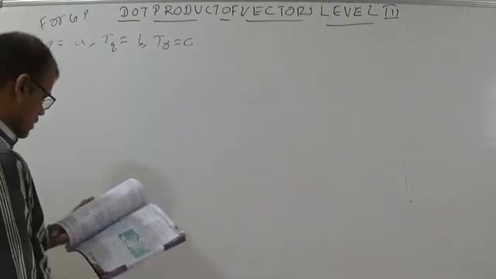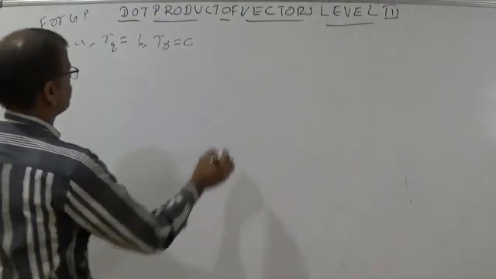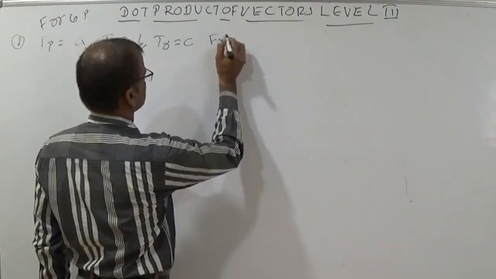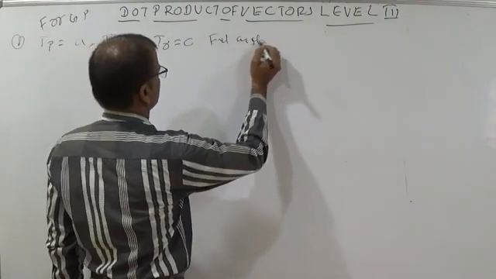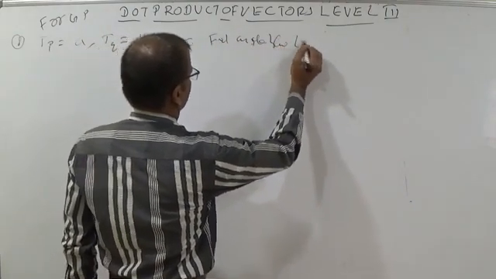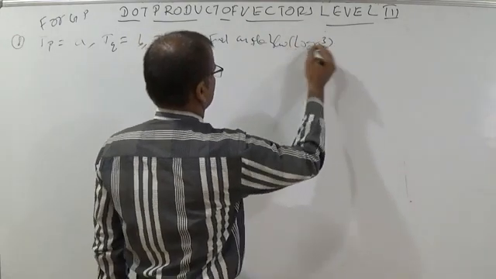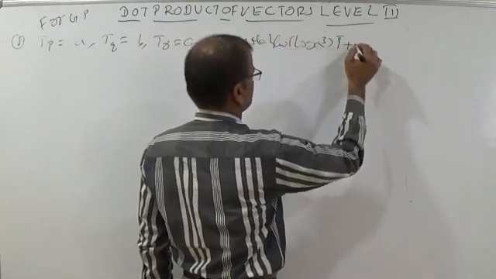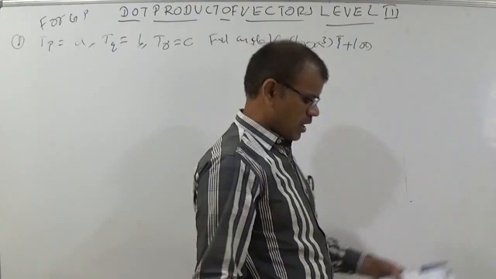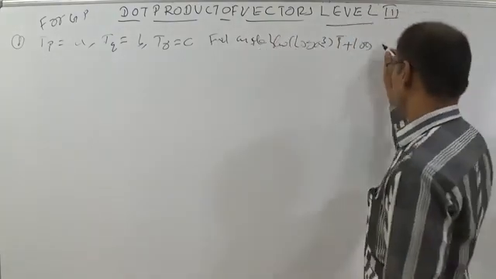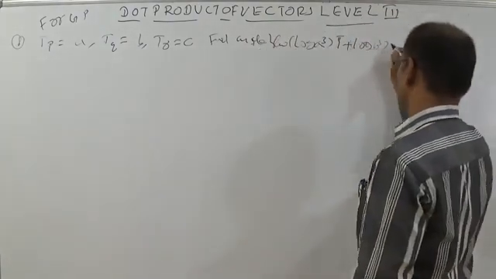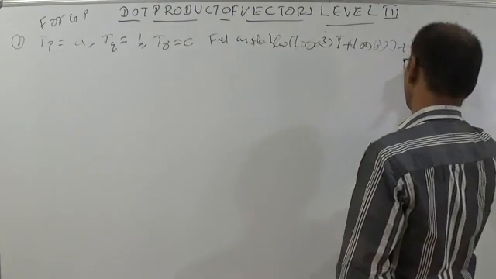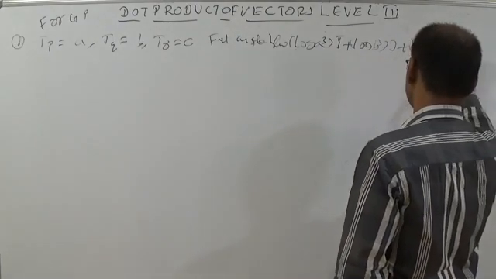Then, writing the question data: find the angle between log A cube into i bar, next log B cube into j bar, log C cube into k bar.